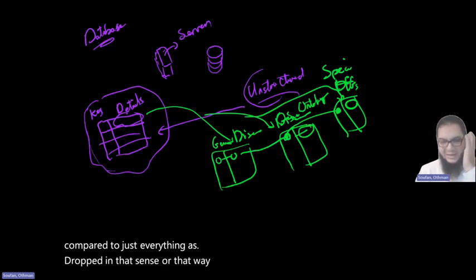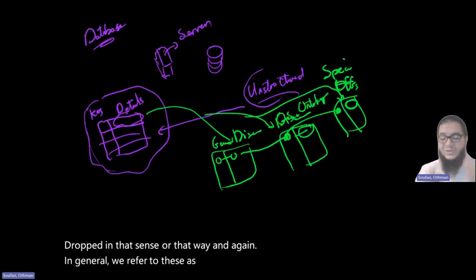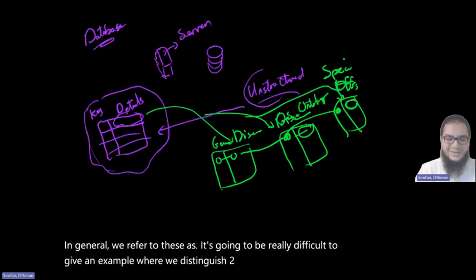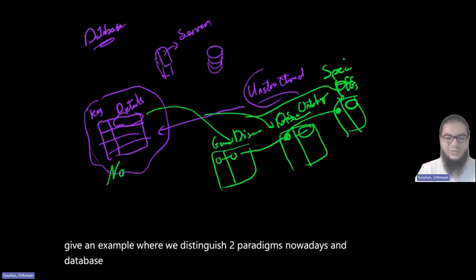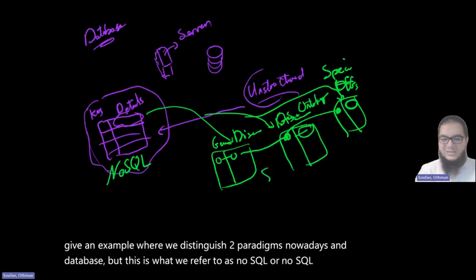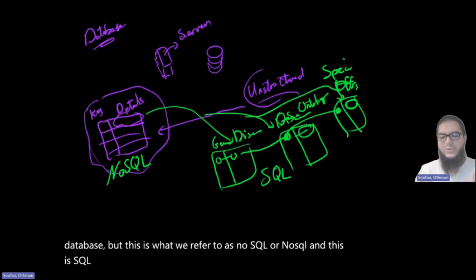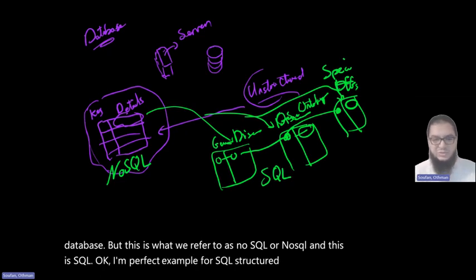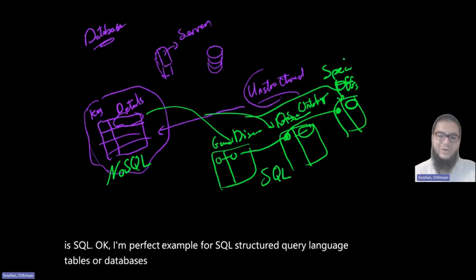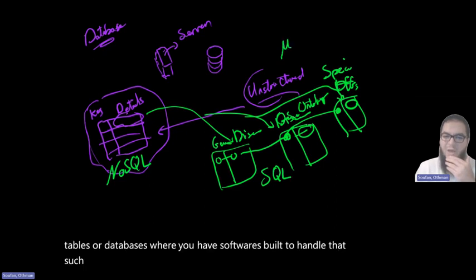And again, in general, it's going to be really difficult to give an example where we distinguish two paradigms nowadays in databases, but this is what we refer to as NoSQL, and this is SQL, okay? A perfect example for SQL, structured query language, is tables or databases where you have software built to handle that, such as MySQL, okay?